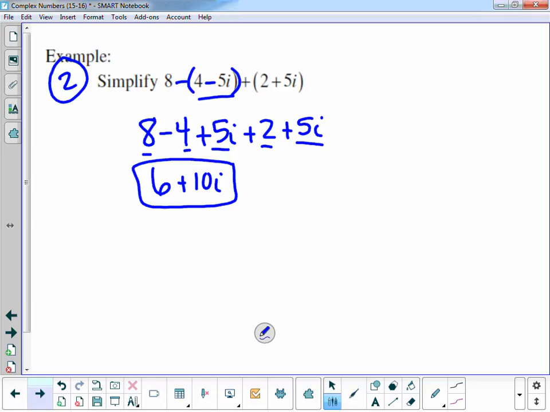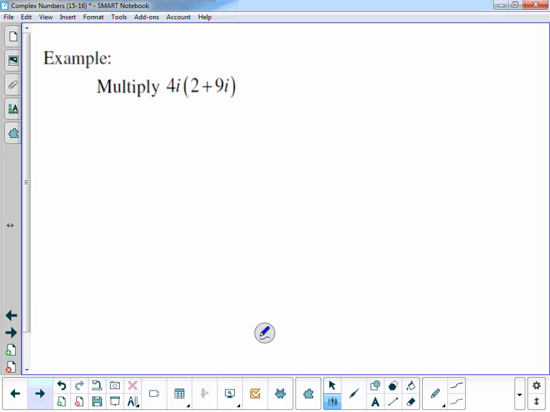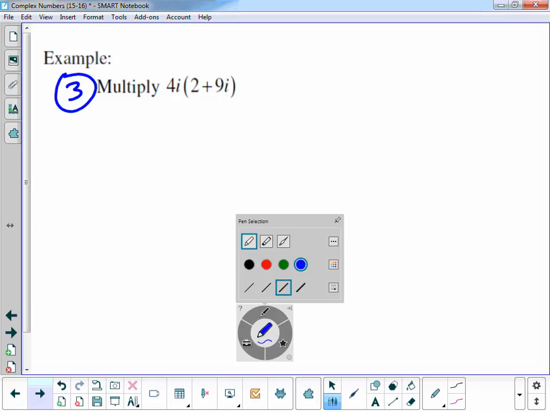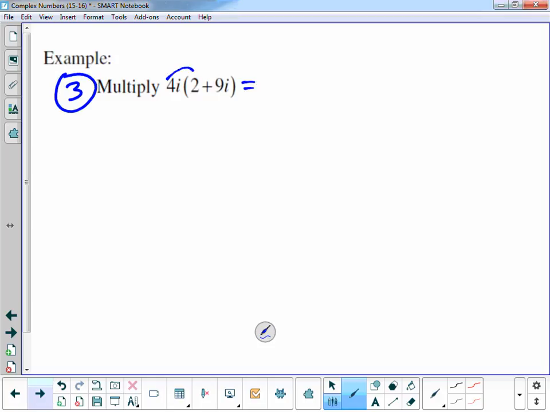Easy, right? Okay, now let's do a multiplying example. Questions so far though? Okay, so number 3. All right, okay, so let's multiply the 4i to the 2.